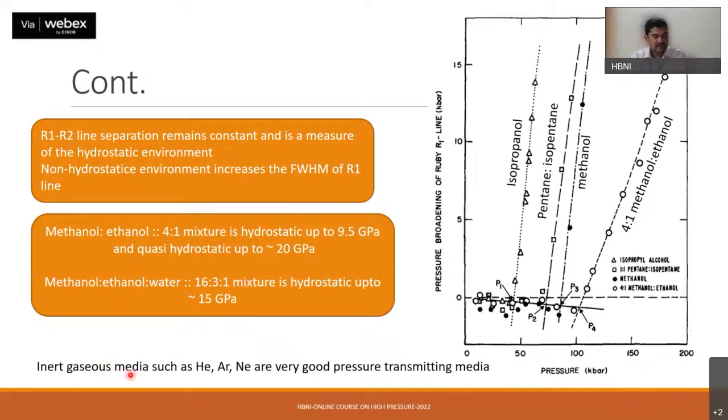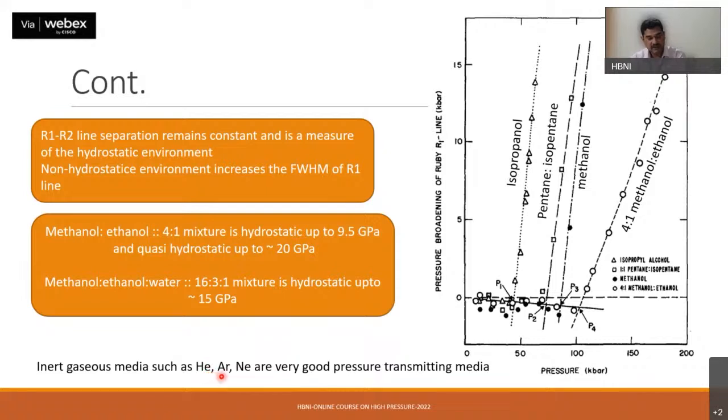Ideally, inert gaseous media, or inert gases, are very good pressure transfer media, which I hope Himanshu might have spoken to you about. If you use helium, argon or neon, helium is truly hydrostatic beyond 20 GPa, and even quasi-hydrostatic up to 60 GPa.